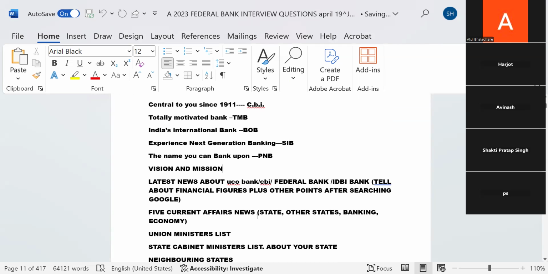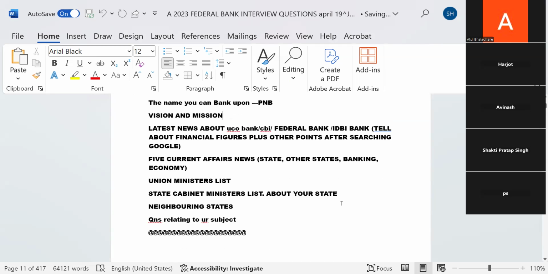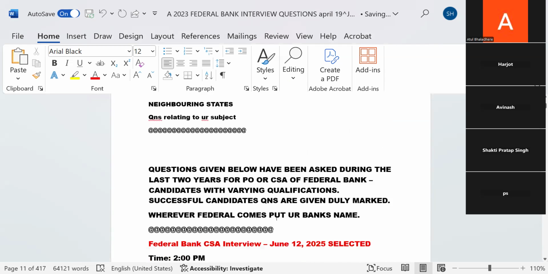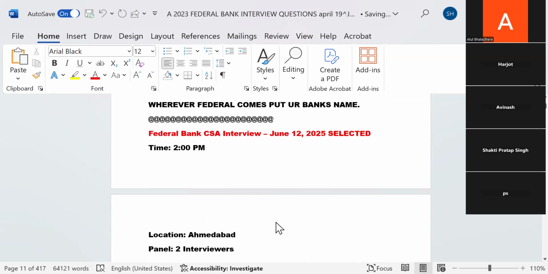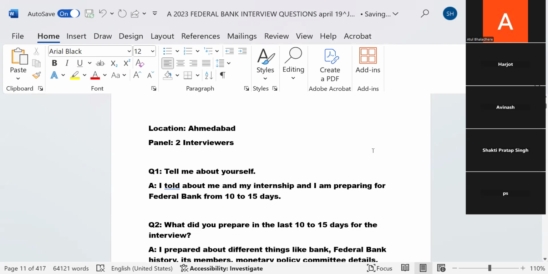Then five current affairs news relating to your state, other states, the union ministers list, the state cabinet ministers list, neighboring states, and questions relating to your subject. Very rarely do they have time to ask all this. The questions go like this. These are the questions asked to one of the candidates in June 2025. This candidate was selected.